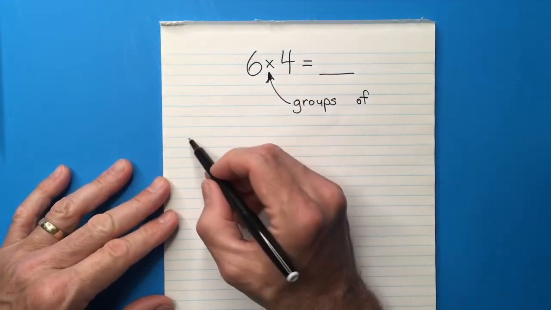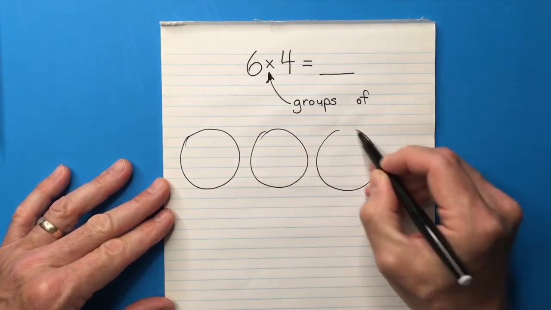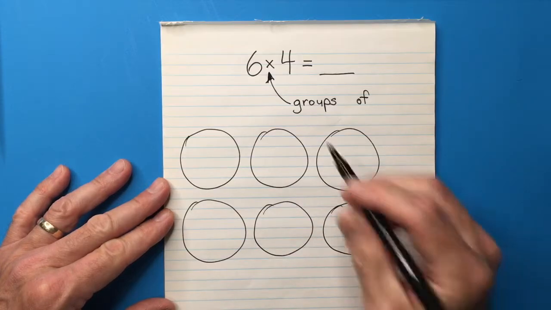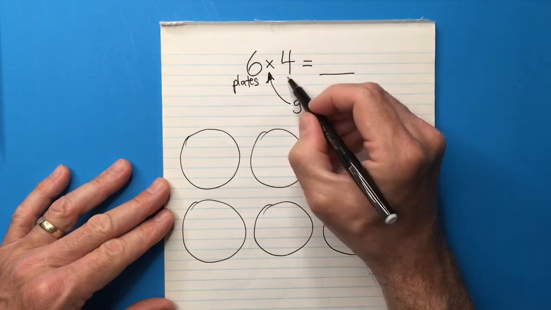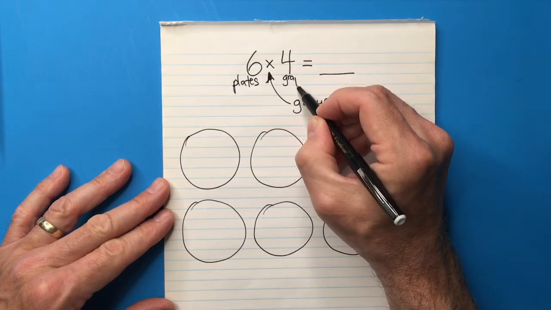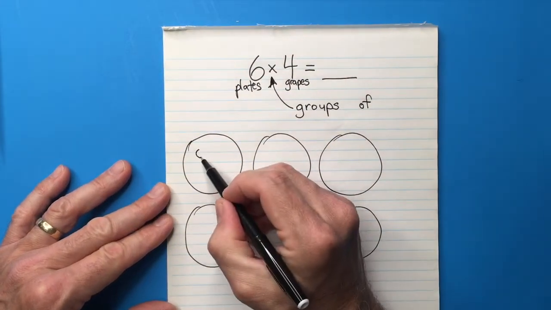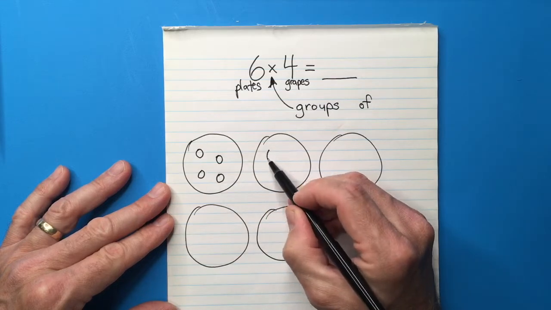So in that sense, we might say we've got 6 plates. So I'm going to draw 6 plates. I want to try to make this a story now. So I've got 6 plates. And each plate has 4 grapes on it. So each plate has 4 grapes on the plate, because that's our snack.